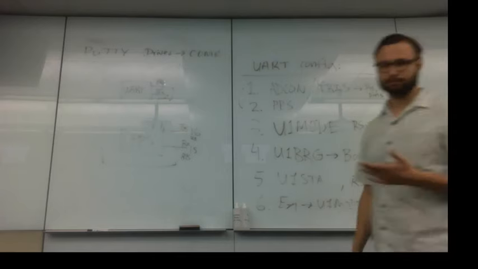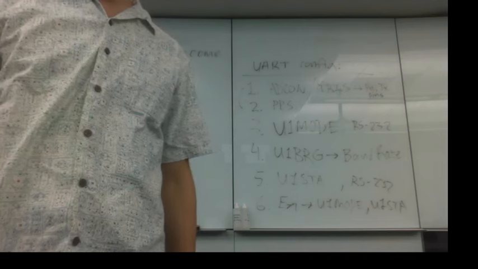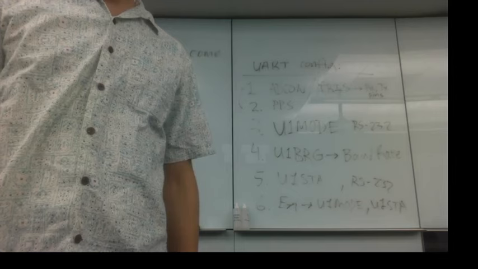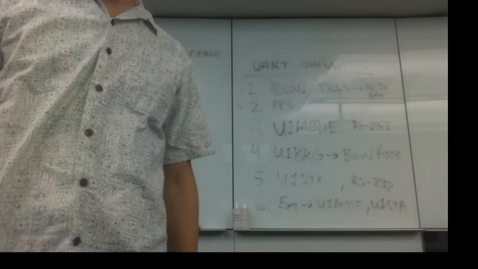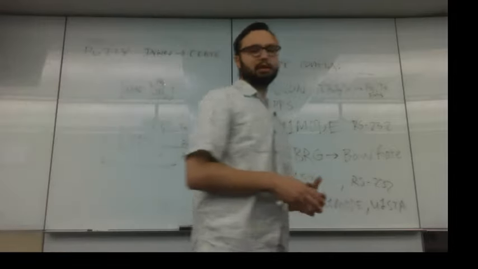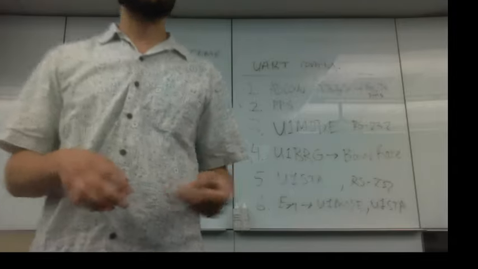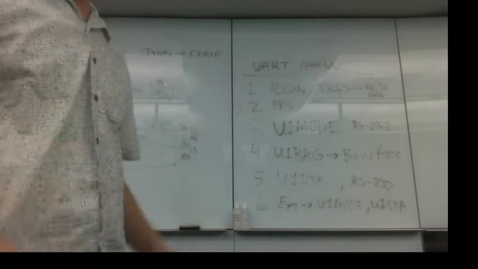And then 0-0 is interrupt generated when any character is transferred to the transmit shift register. This implies at least one location is empty in the transmit buffer. So the transmit buffer is what you write to. The transmit shift register is what shifts out the buffer one bit at a time.